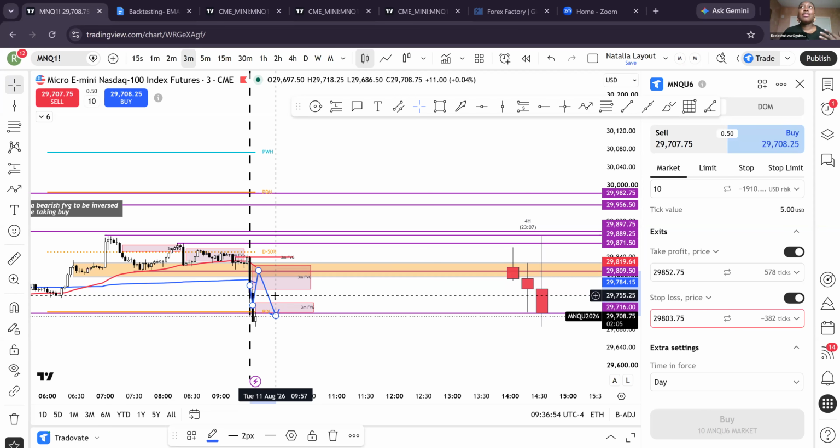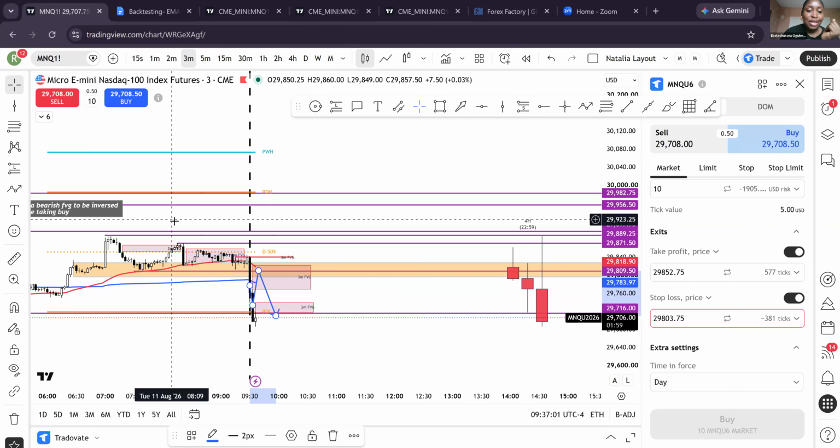Something too that I'm realizing, like if I'm calm, my trade is calm. If I'm stressed, yeah, it's not gonna work.